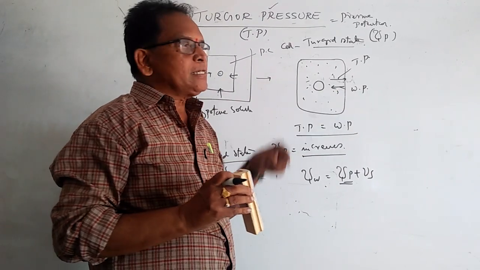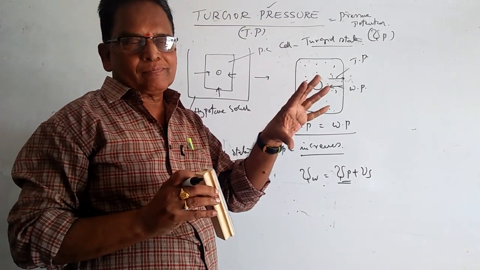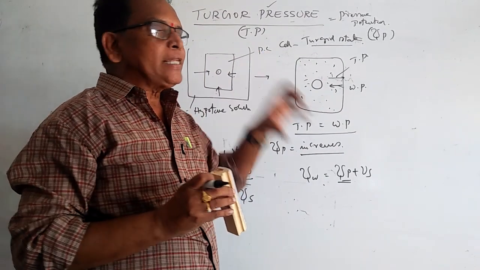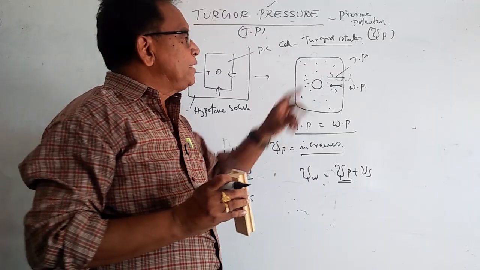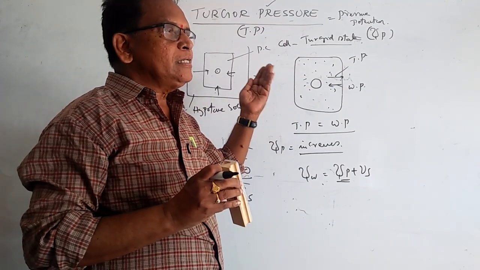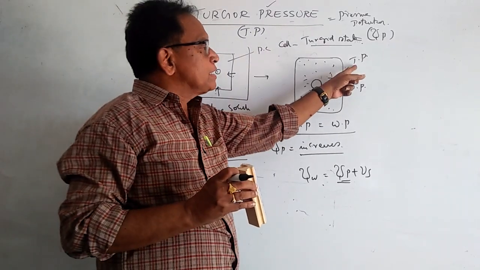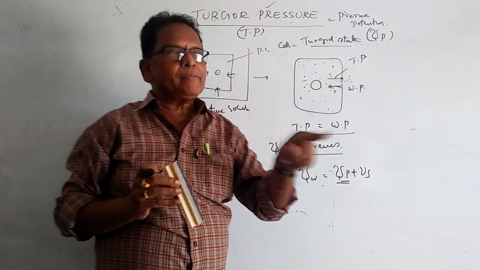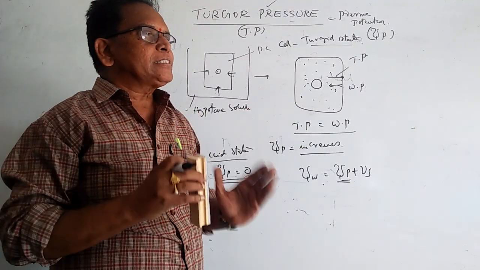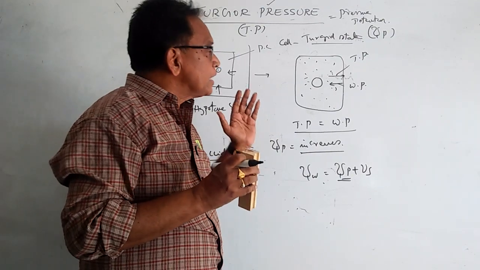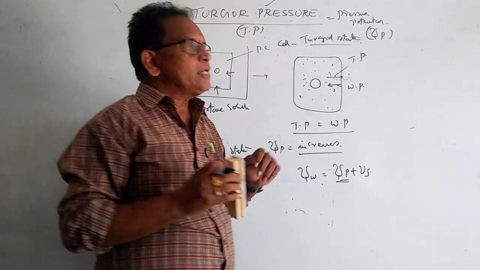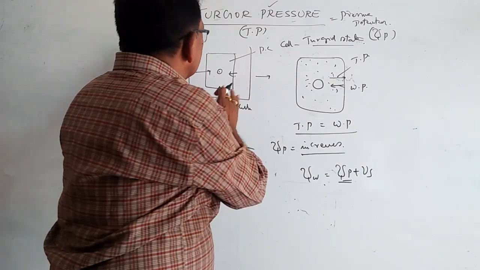The wall pressure protects the cell walls, and the Turgor pressure gives sufficient strength to the cell. By using this Turgor pressure, the plant body shows growth and development. So the Turgor pressure is meant for growth and development. The wall pressure is meant for protecting the cell from bursting due to the constant entry of water.